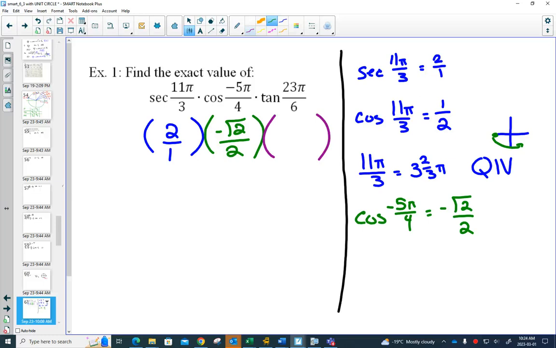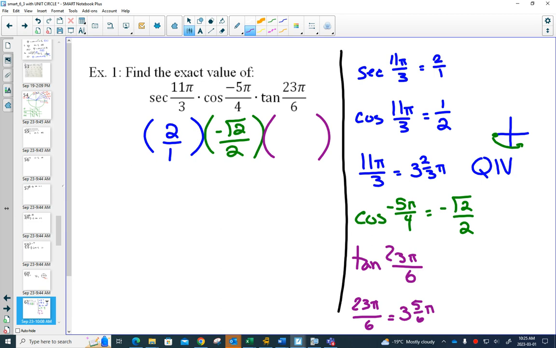Finally, purple, tan of 23 pi over 6. I notice it's part of the pi over 6 family. 23 pi over 6 is 3 and 5/6 pi.